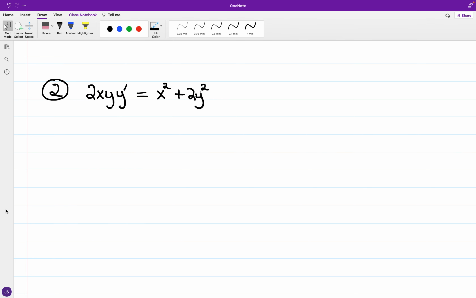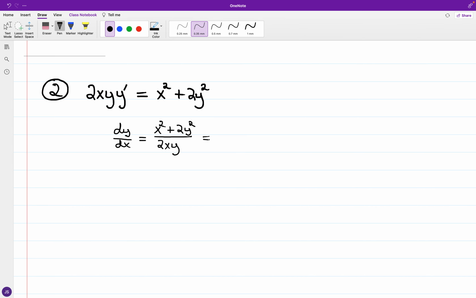Okay, for what we have in the realm of working with substitution, it looks like we're going to have a homogeneous equation. If we isolate the derivative, y prime is dy over dx, and I'm going to have x squared plus 2y squared all over 2xy.